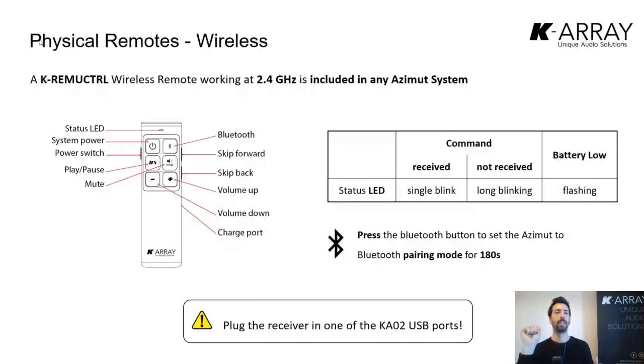But from now on, when you give power to the amplifier, it will go into Bluetooth pairing mode automatically for 3 minutes. If you wait more than 3 minutes, then you have to click the Bluetooth button.